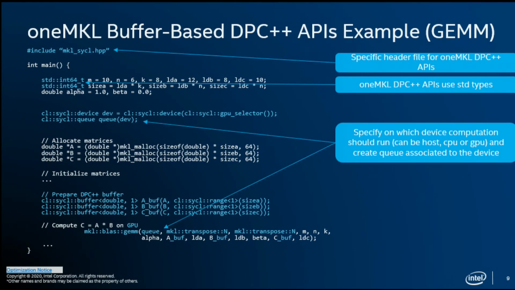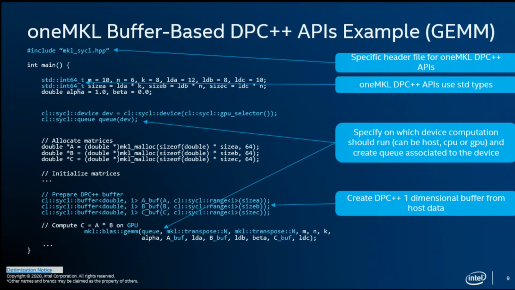One other big difference is we now specify on which device we want the computation to run. It can be host, CPU, or GPU. Then we create a queue associated to that device, and we pass that queue as the first parameter to the functions.